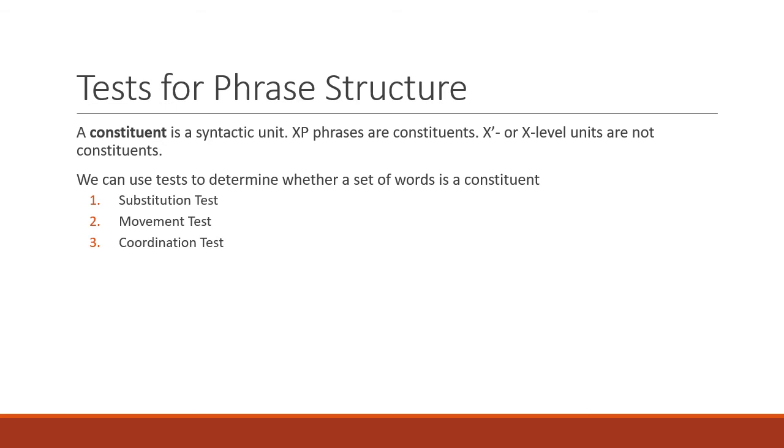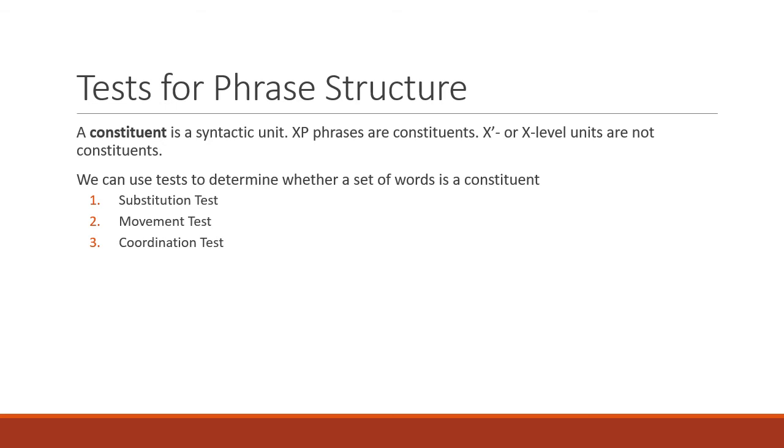So you're trying to find out if it's a full noun phrase or if it's just a noun, or if it's a full prepositional phrase or if it's just a preposition, right? And you're trying to figure out what goes together as a phrase also, like if it's part of a prepositional phrase, which part goes with the prepositional phrase and which part goes with the noun phrase. Where do things land in our structures?